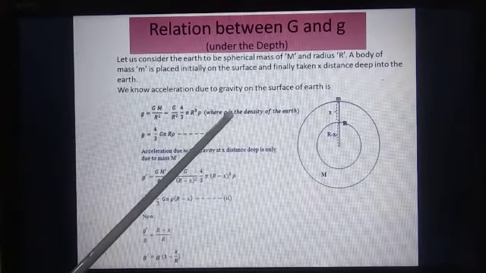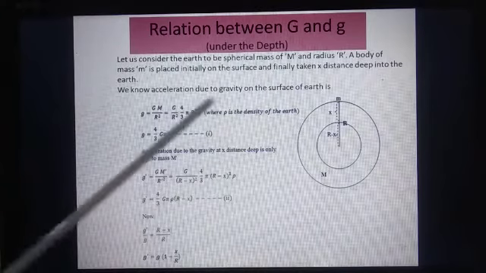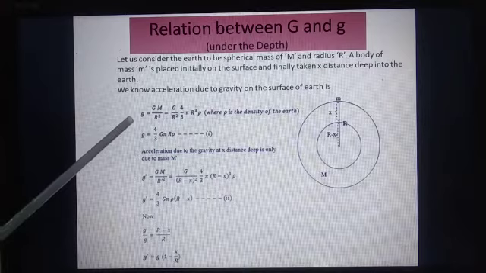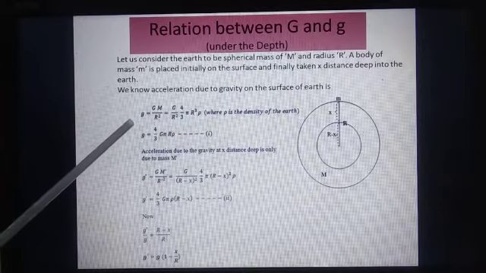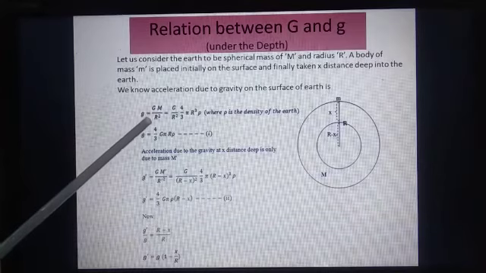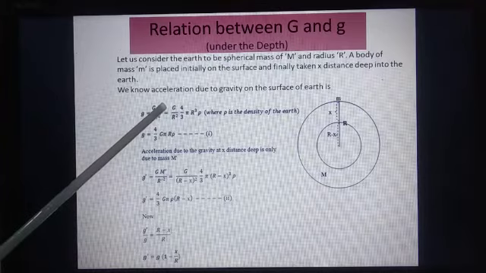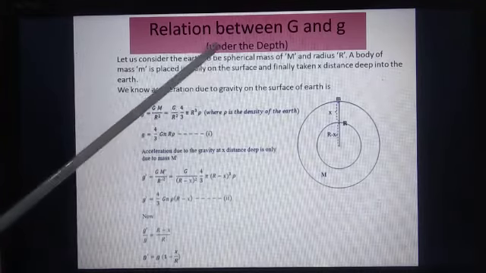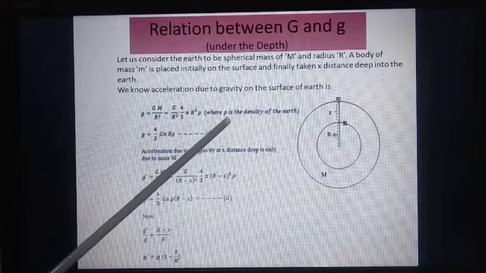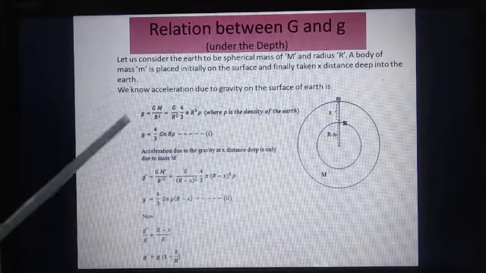Let us consider rho is the density of earth. Then the general relation is g equals GM upon r square. Here m is the mass of the earth, but since we consider depth, we use the density of earth.